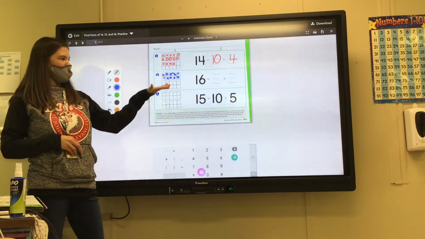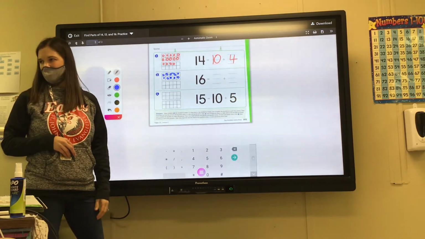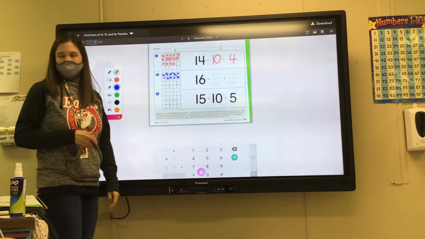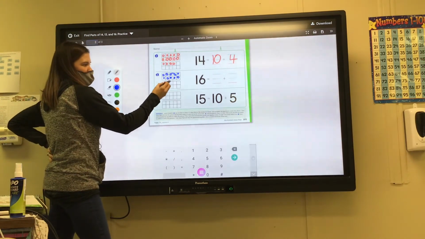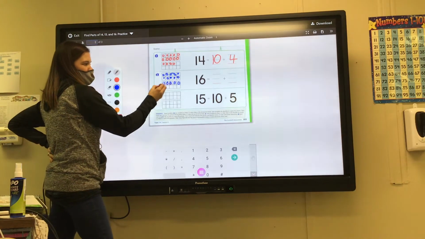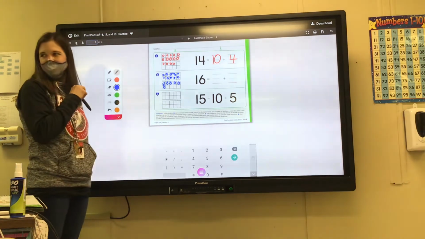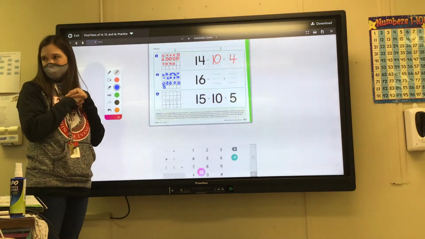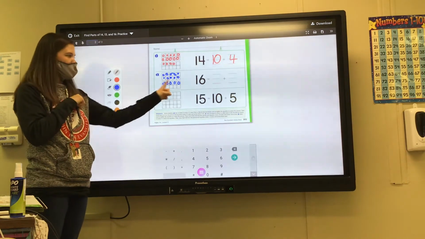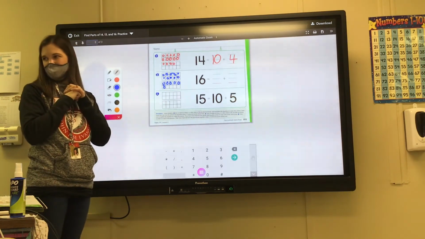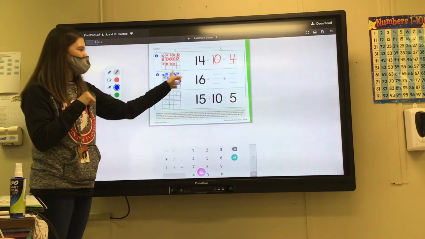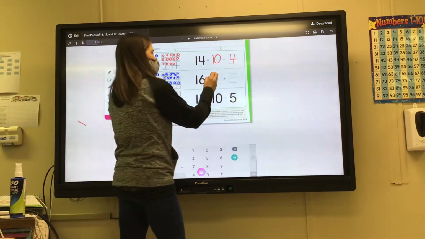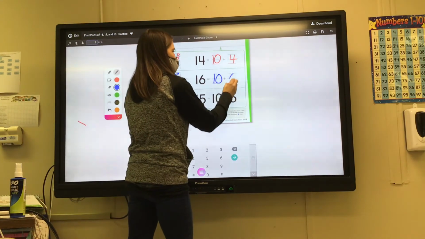We have 10. How many more do we need to make 16? If you could say 10, 11, 12, 13, 14, 15, 16, which makes how many more? How many are in this 10 frame? 6, right? One group of 10 and 6 ones make 16. 10 plus 6.